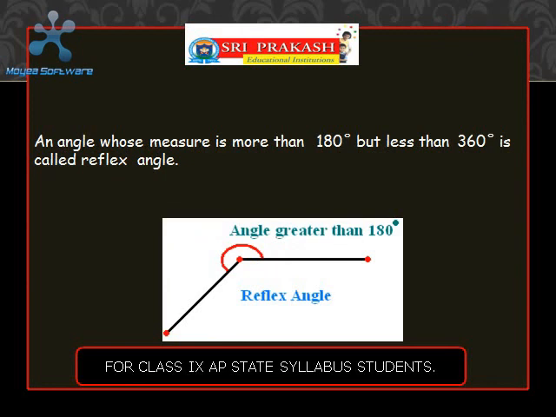Now, what is a reflex angle? An angle whose measure is more than 180 degrees but less than 360 degrees is called a reflex angle.